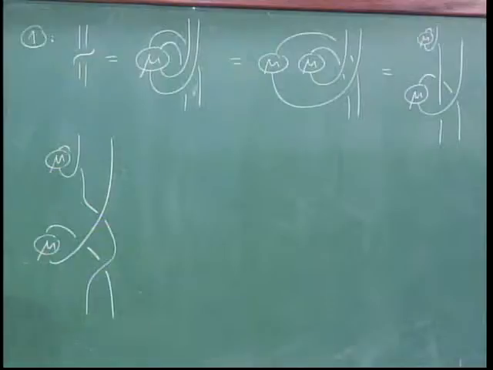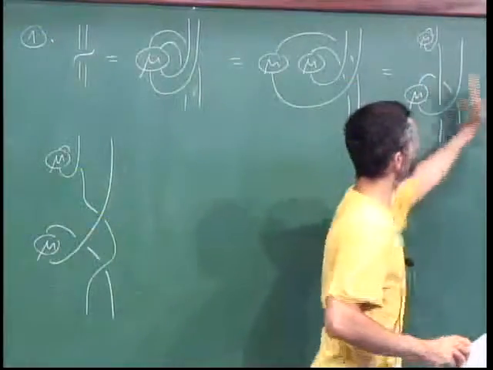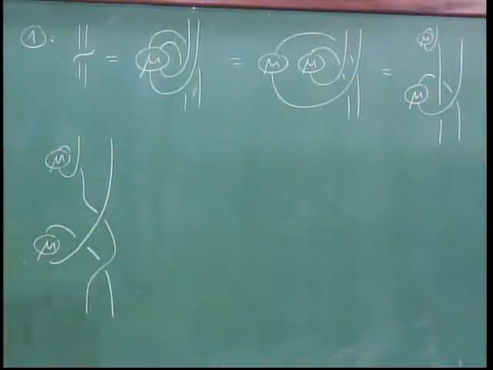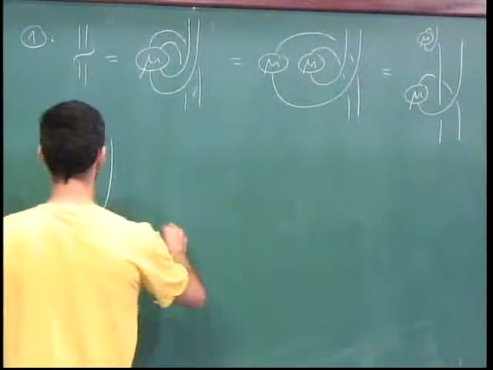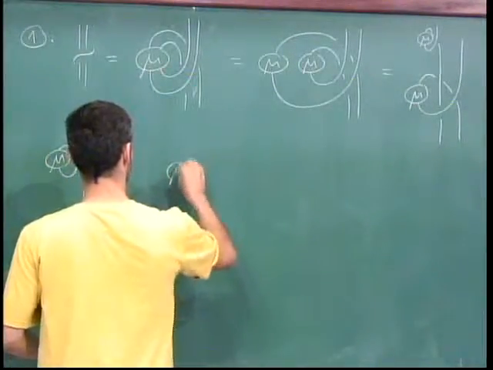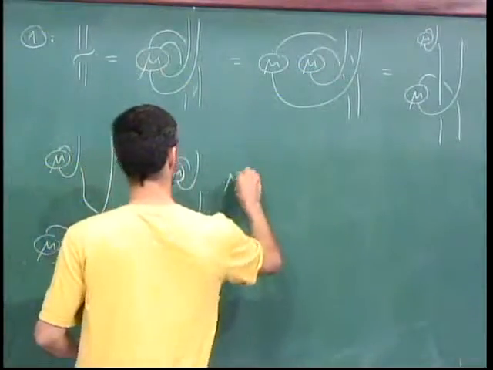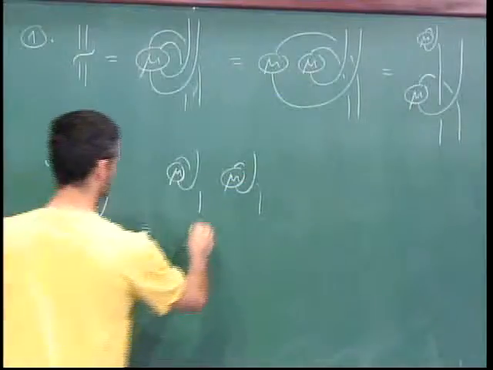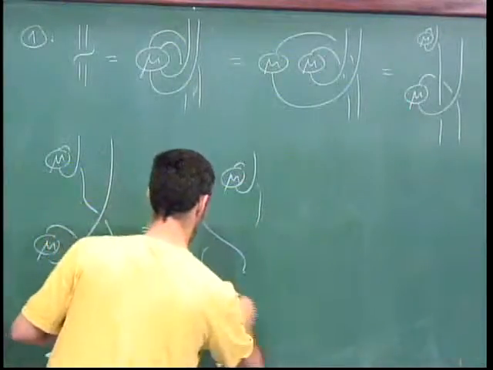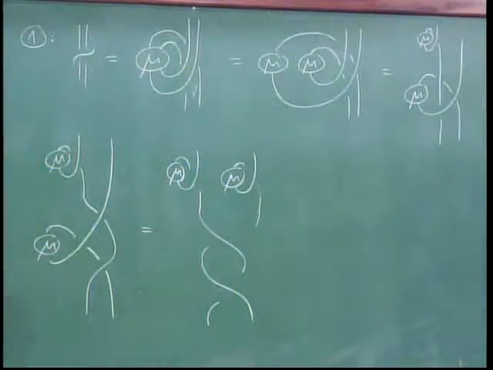So I just took this strand that was going straight through and pushed it to the right. Now I take this little loop and bring it up, and then we're left with exactly what we wanted. And here I have these two things. So that was completely easy.